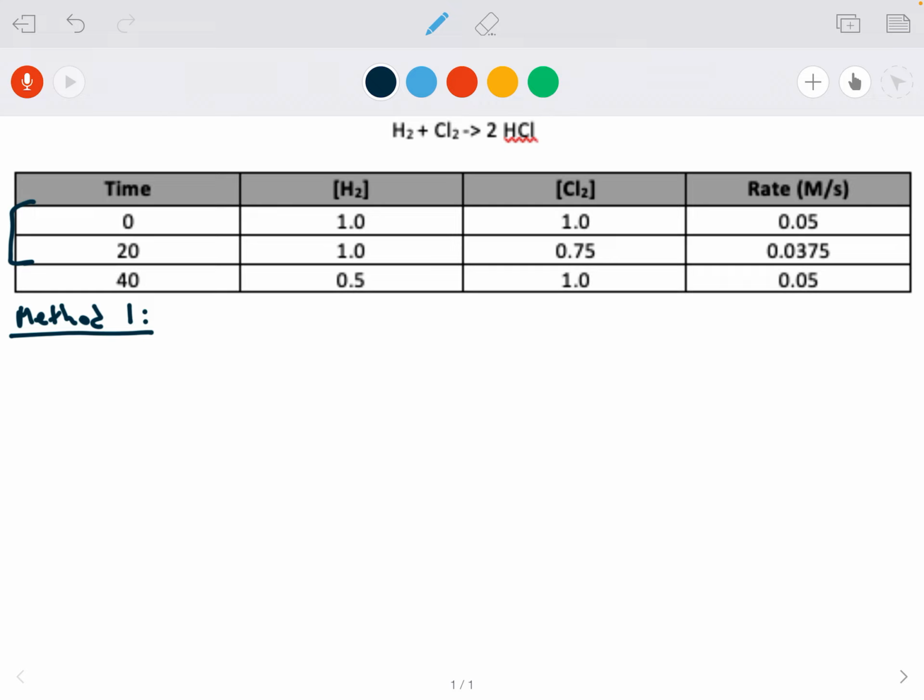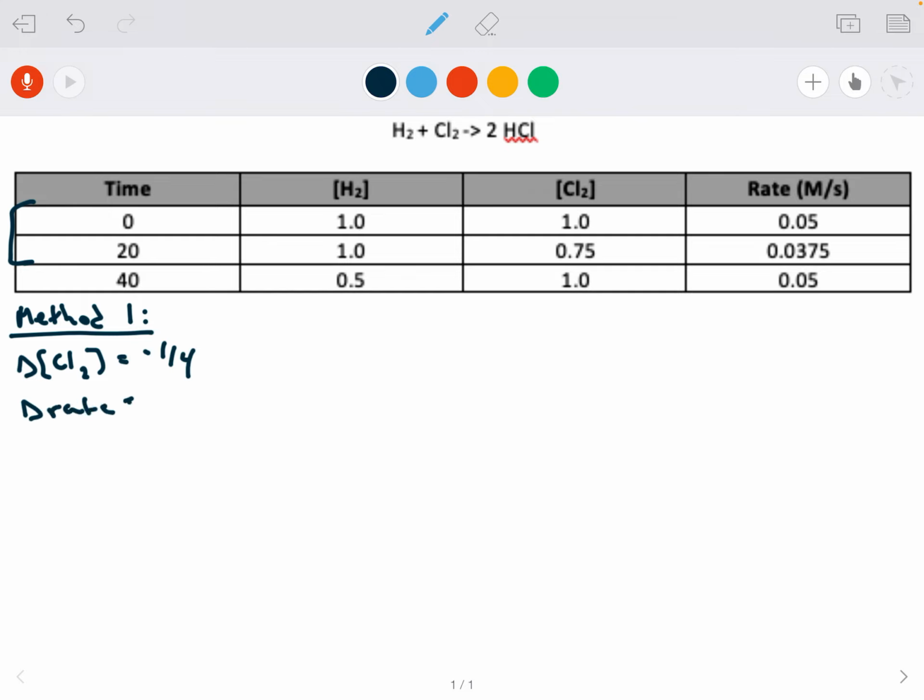So the concentration of chlorine dropped by 1/4, or by 25%. So what happened to the rate when that concentration of chlorine dropped? Well, the rate went from 0.05 to 0.0375. So it changed and dropped by 1/4. So the change in the concentration of chlorine is negative 1/4, right?